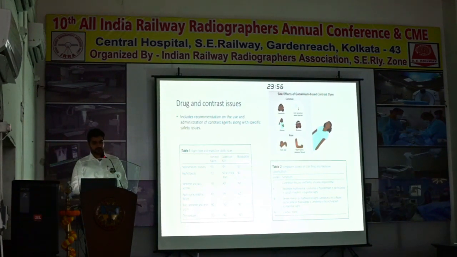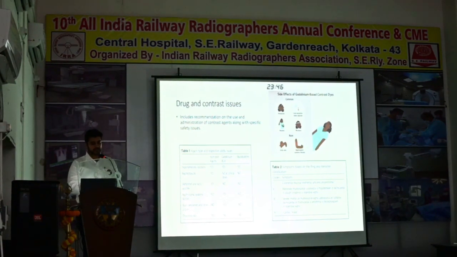Nephrogenic systemic fibrosis is usually seen only with gadolinium. Brain deposition and other organ deposition is not seen with iodinated agents but can be seen with gadolinium.